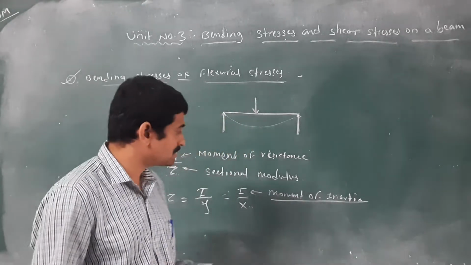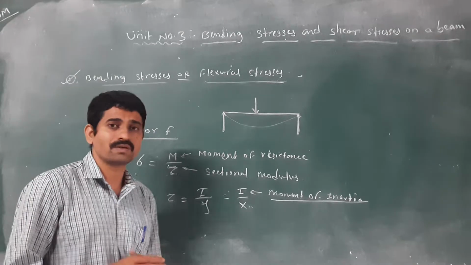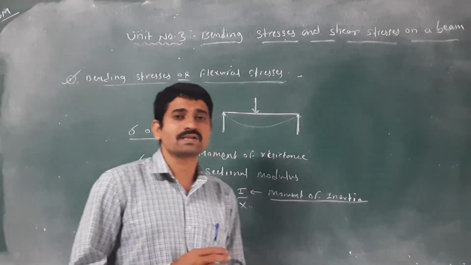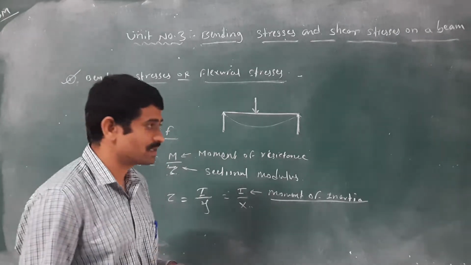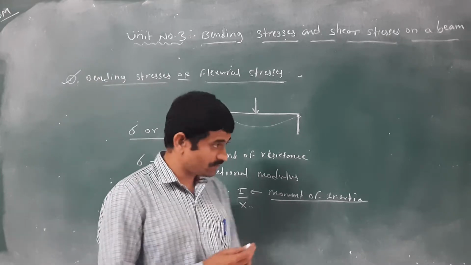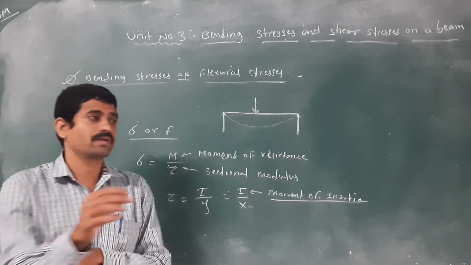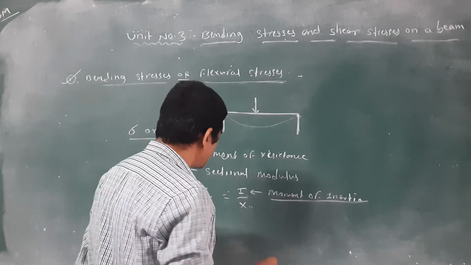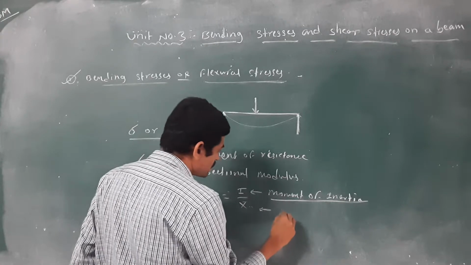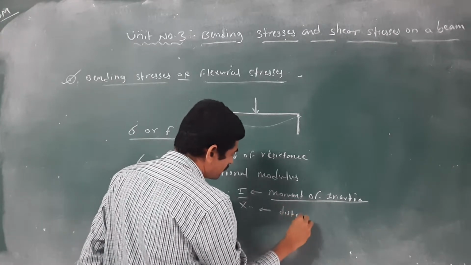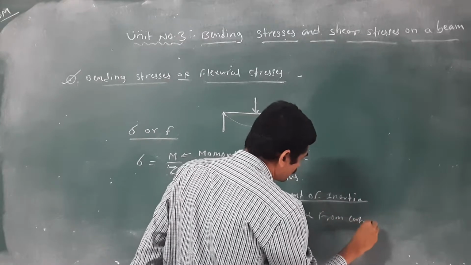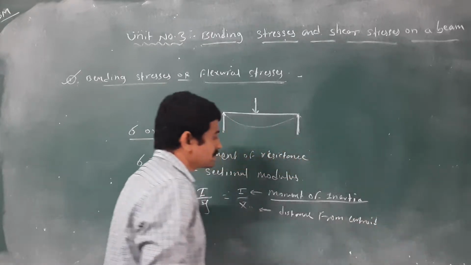In a circular section, you will get a different formula. If you get a triangular section, again this moment of inertia will change. It is the product of the area and the distance from the axis. Then what are x bar and y bar? This is the distance from the centroid to the base.